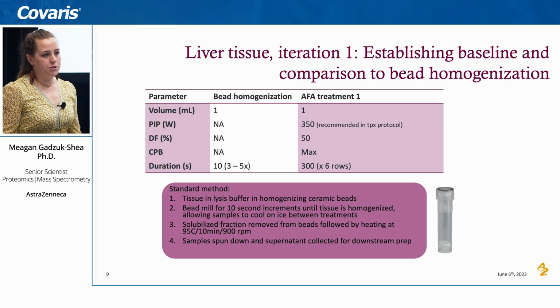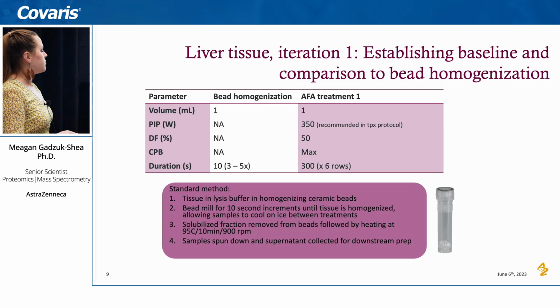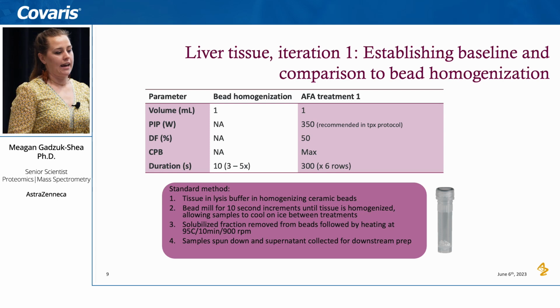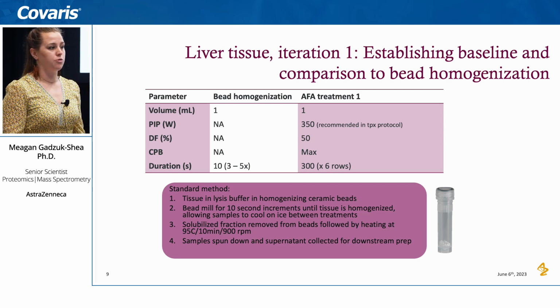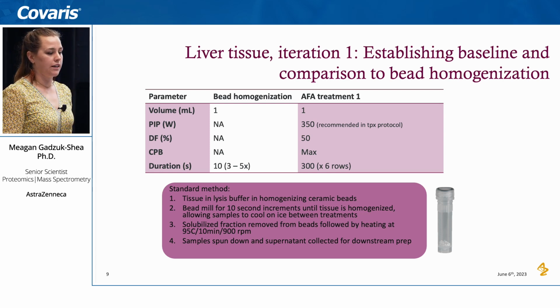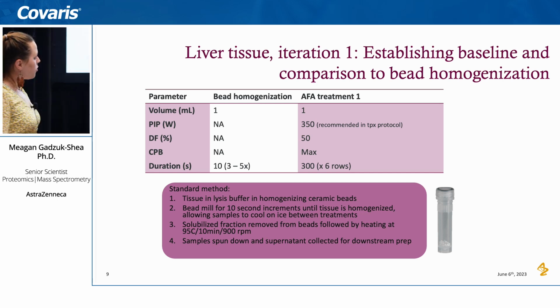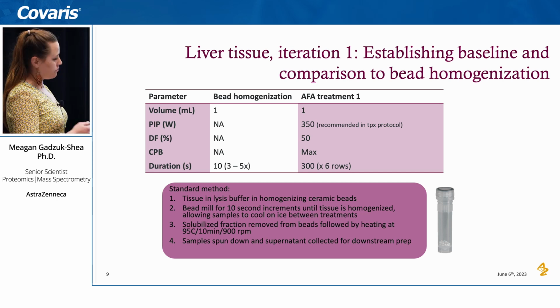So the first step to any method development is going to be setting a baseline, as well as comparing it to the standard workflow that you already use. And so the parameters that we decided to use for this are 1 milliliter, because we're using the 1 milliliter tubes. Then we also decided to start with the 350 watt PIP.